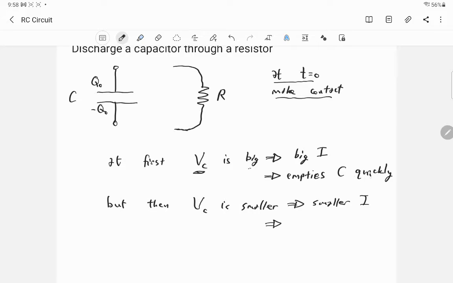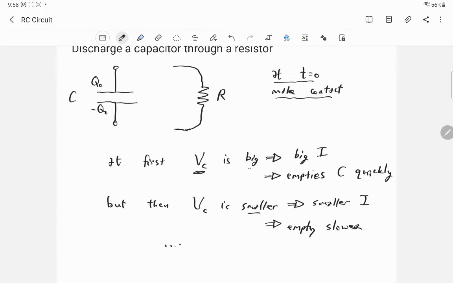But if you empty the capacitor so that it's got less charge separated, then the voltage across that capacitor will be smaller. And if it's smaller, then it cannot push as fast a current through this resistor, so the current slows down and the capacitor is emptying slower, right? It empties slower.